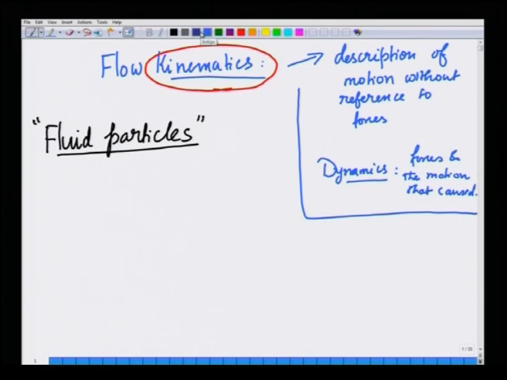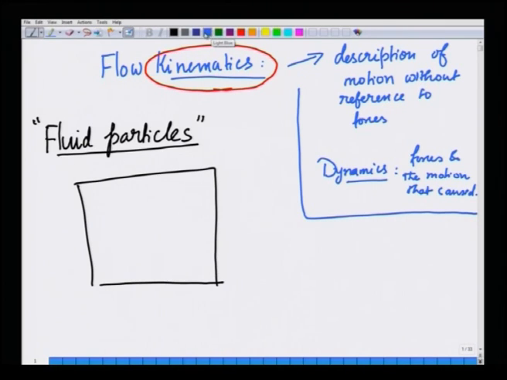Well, imagine you have a fluid, a container of fluid, and at time t equals 0 there is no motion in this fluid, the fluid is static, and let us say you can mark various points in the fluid using various colored dye. Okay. So, let me draw it slightly bigger so that it is clearer.